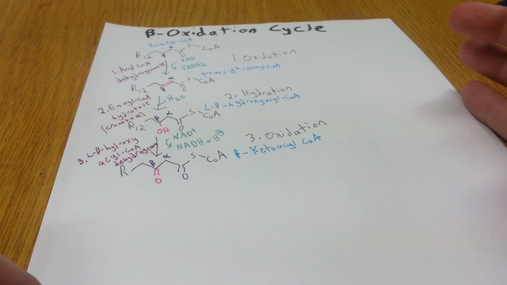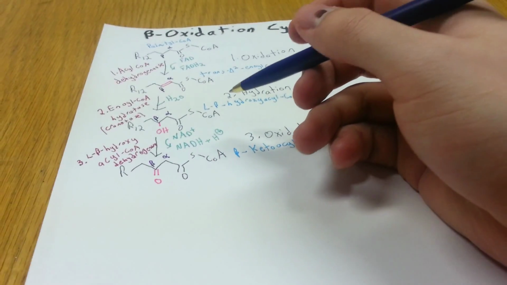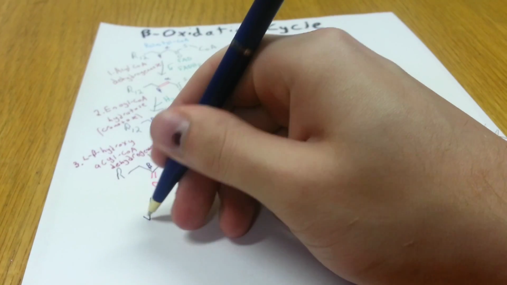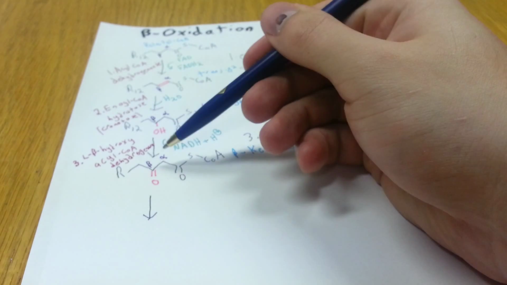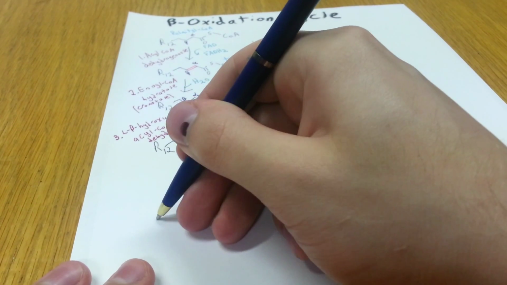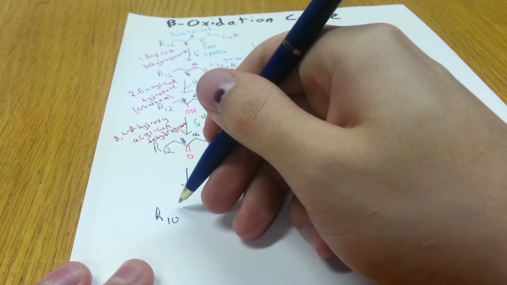So we've got our beta-ketoacyl-CoA, we've got these double ketones going on. So now we cut away at the alpha carbon here. So this is 12 still, but now this is only 10, and everything shifts down.